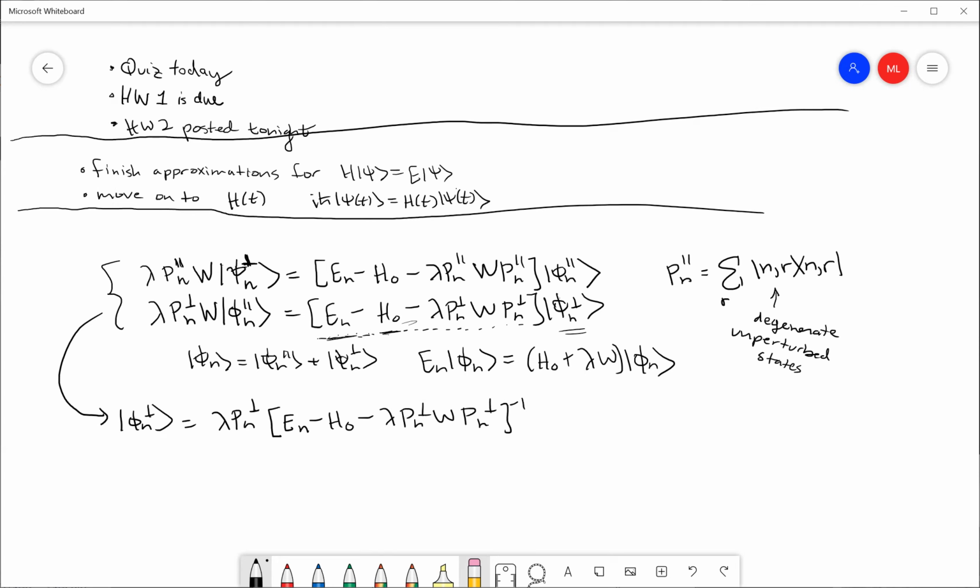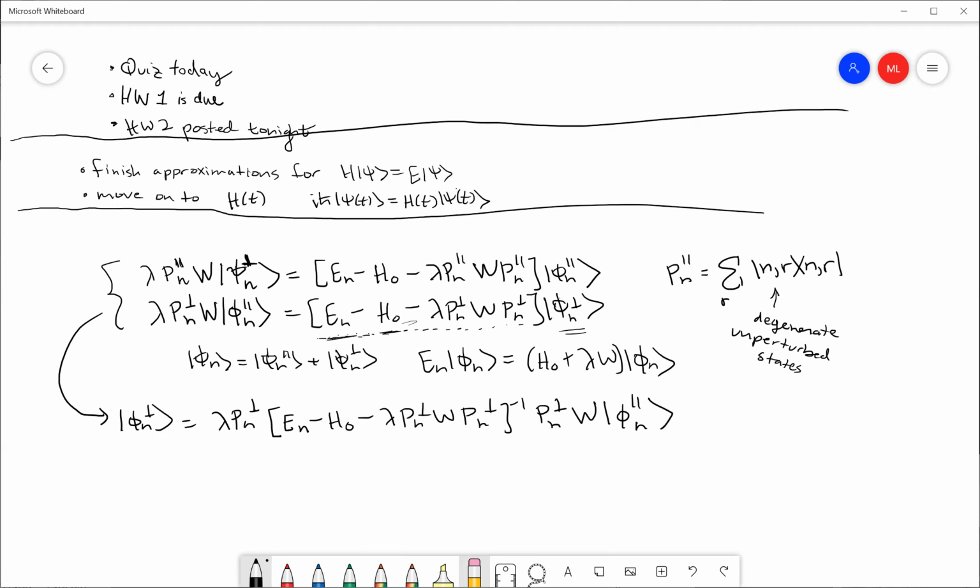Since everything's already in the perpendicular subspace, we can put in another factor of Pn perp here on the left-hand side. It doesn't hurt anything. And then the rest of it is just this operator Pn perp, the W phi n parallel.